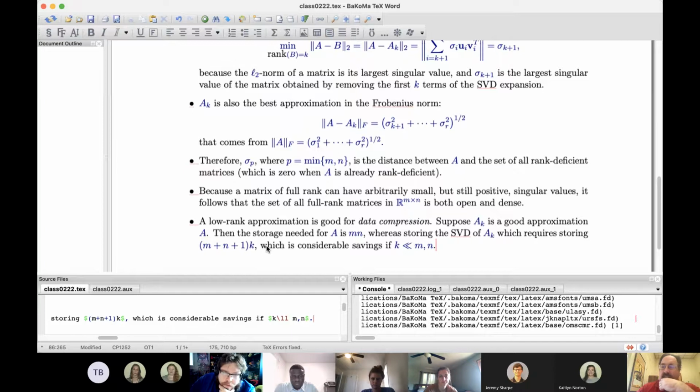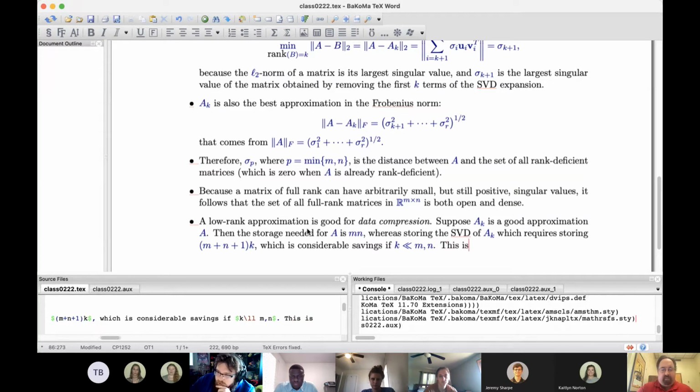And for certain types of matrices, you can probably get away with an approximation that is extremely low rank, so you can still represent A fairly accurately. This is especially useful for images.